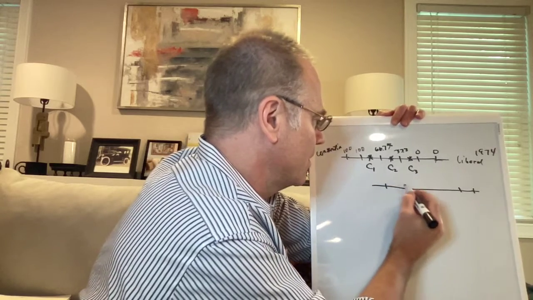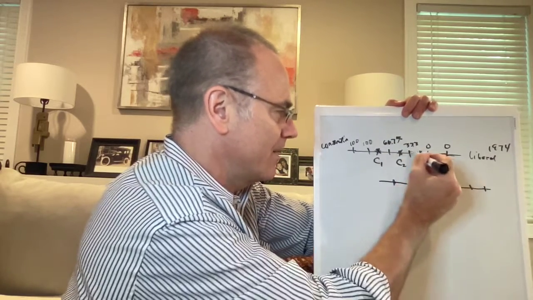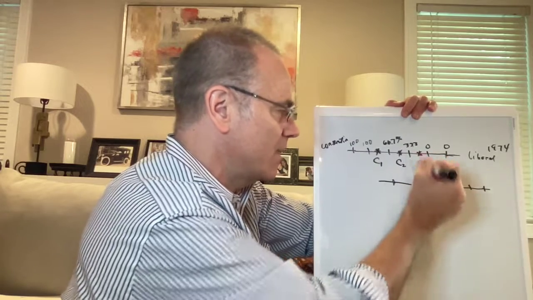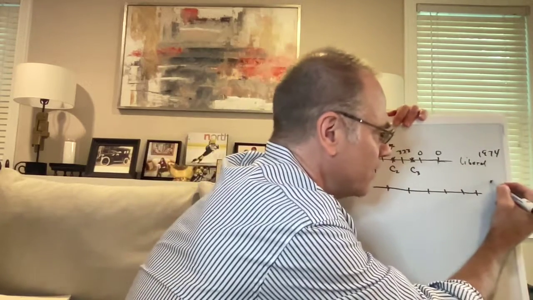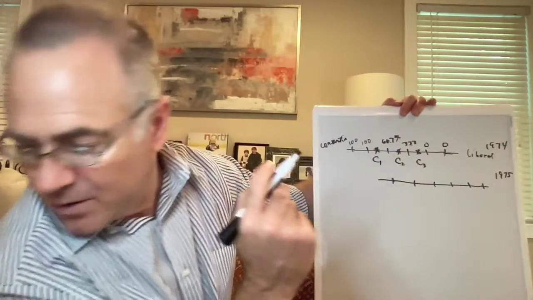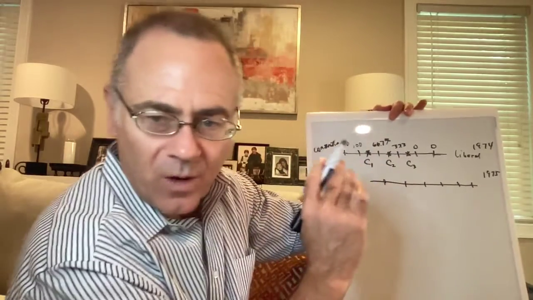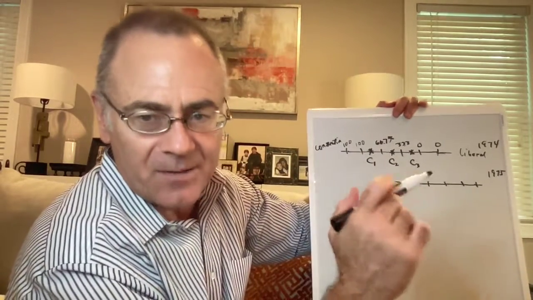I've tried to make this so that that legislator stays the same ideology as that legislator from 74 to 75. So that is what the ideal points look like.